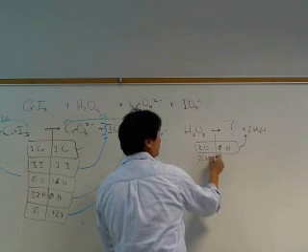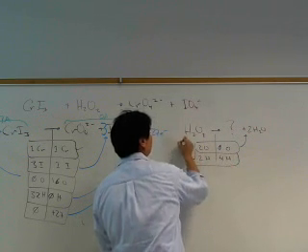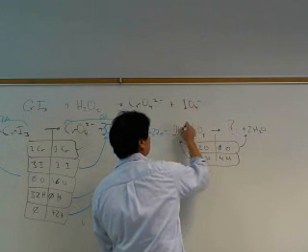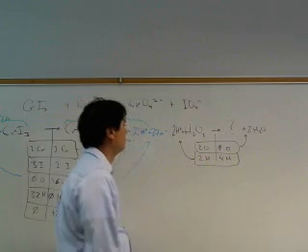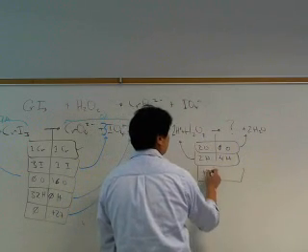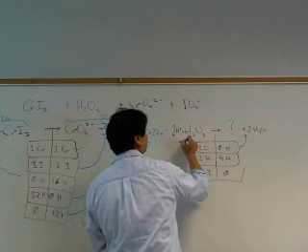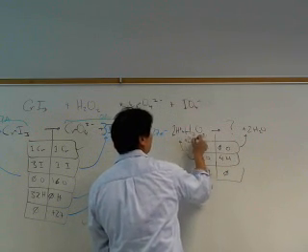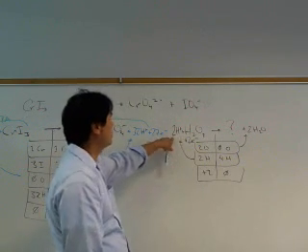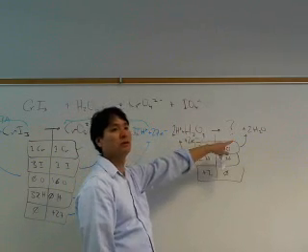This gives us 2 hydrogens on the left, 4 hydrogens on the right, and so I need 2 H pluses. And then let's look at the charge. A plus 2 and 0. So I need 2 electrons. And so I have 2 H pluses, hydrogen peroxide plus 2 electrons yields 2 waters.